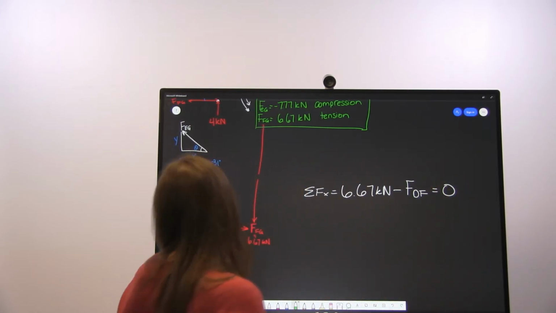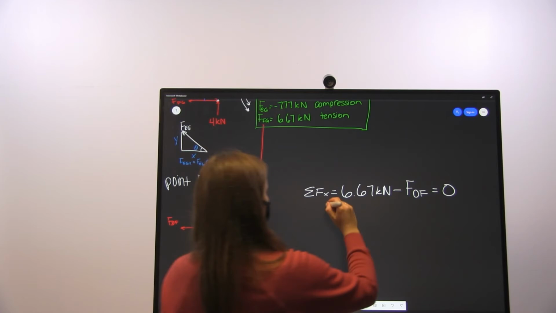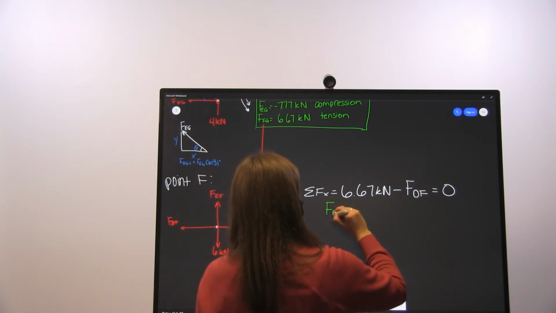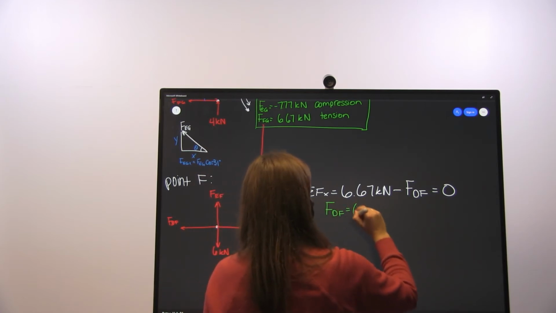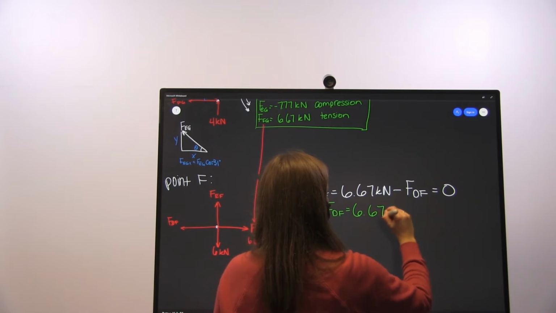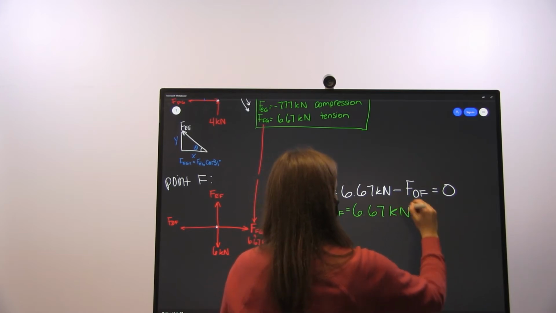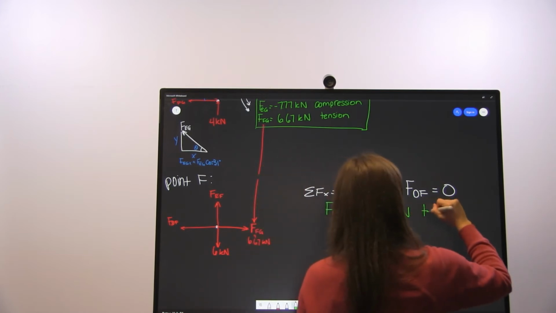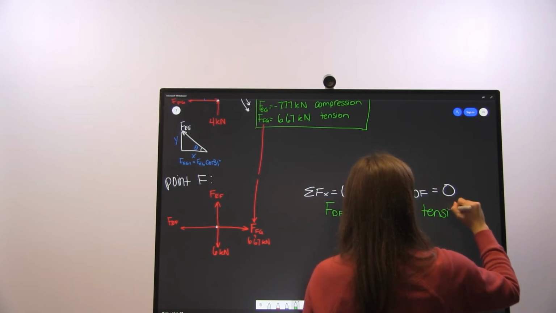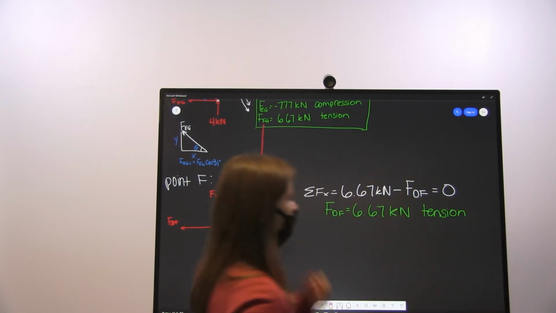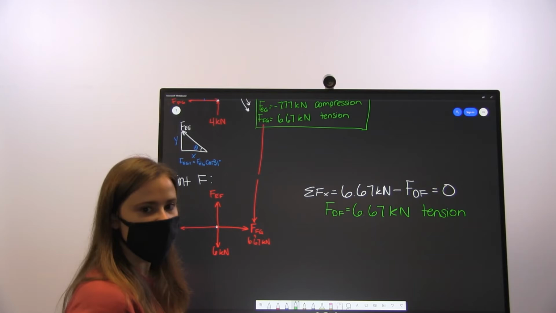And that's pretty easy. We know that force DF is equal to 6.67 kilonewtons, and that's tension, because it's positive again, which is what we've assumed.